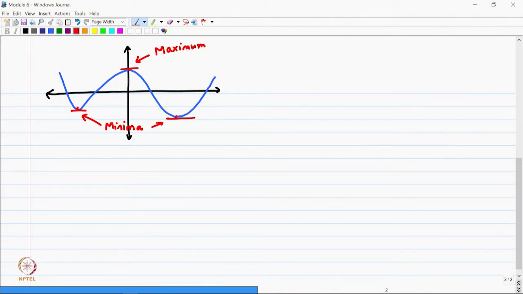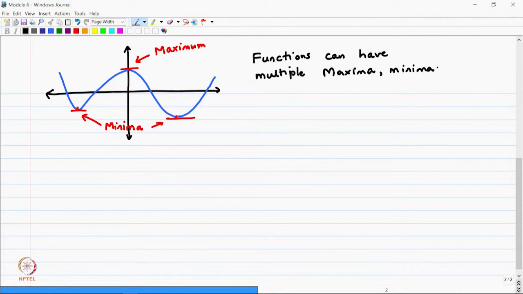Okay. Now, a few points I want to make. Functions can have multiple maxima and minima. So, they can have more than one maximum or minimum. The next point I want to make is that this is not the only possibility.